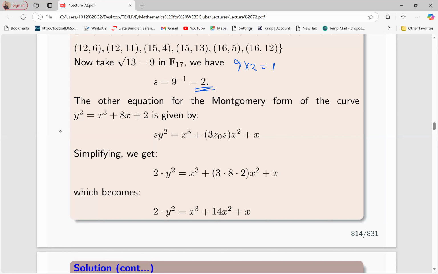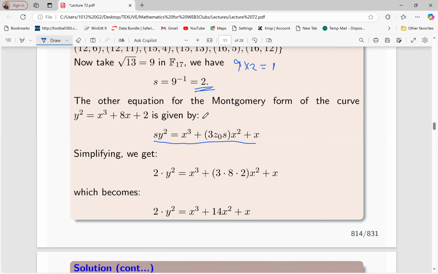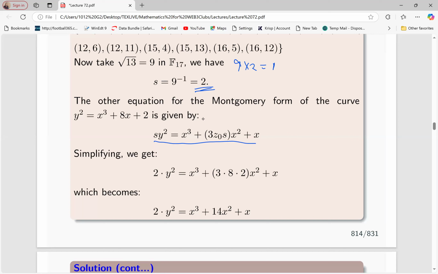So now substitute 2 there, and you have 2y squared equals x cubed, and then 3 times, this was 8, and now 2x squared plus x.